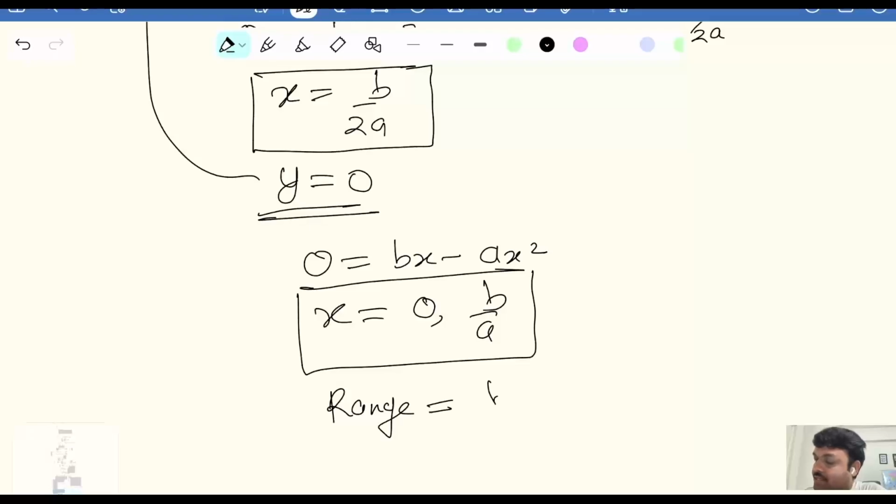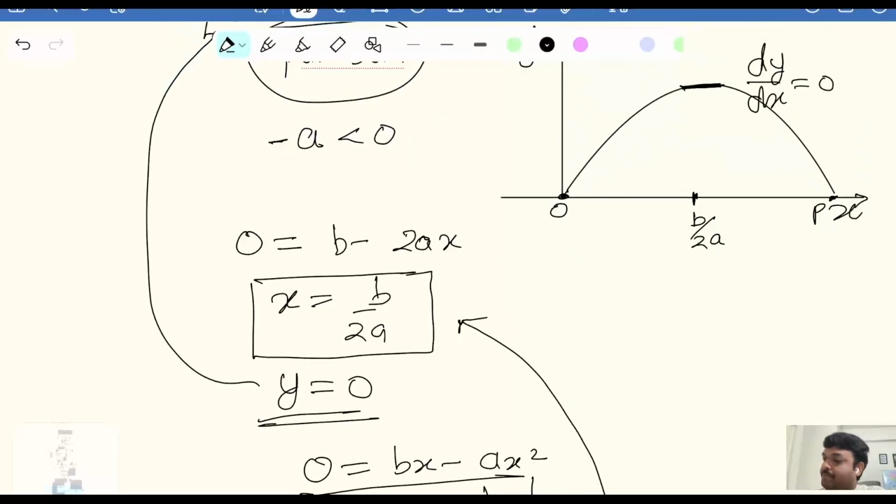So the range of the projectile is b by a, and we can see that at the midway on the x-axis, the projectile reaches the maximum point, right? And we can also derive the height h from this.